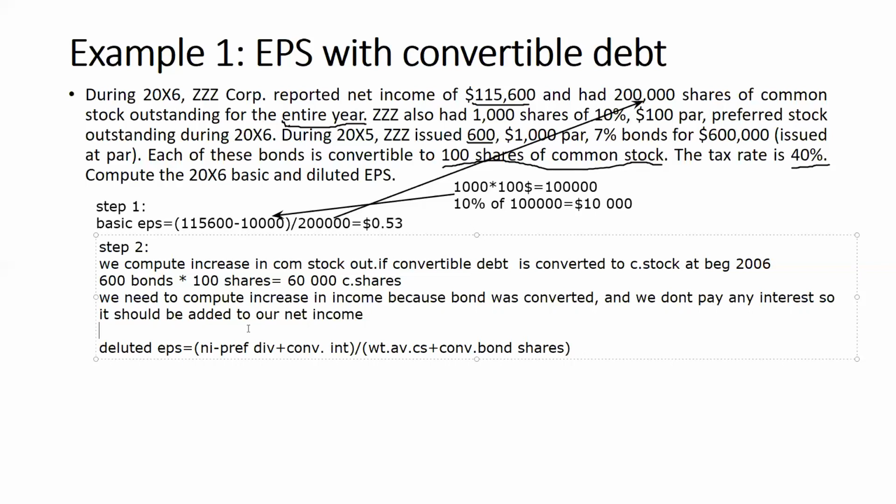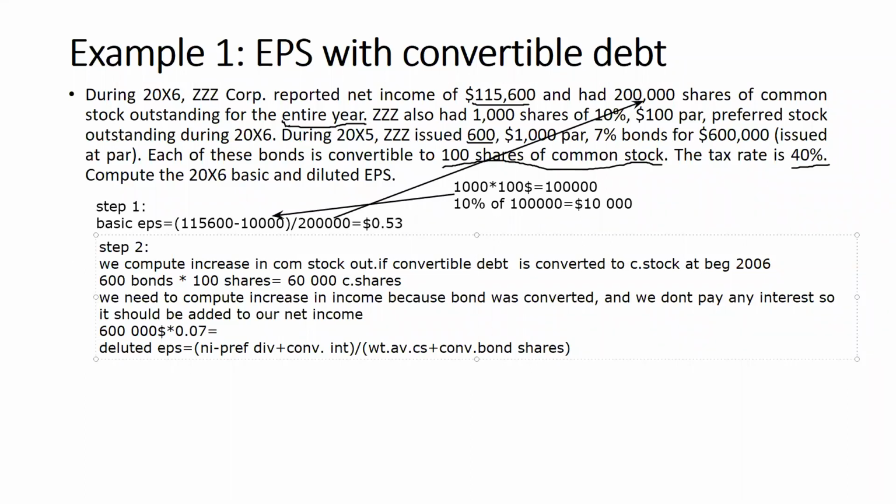However, let us calculate. We know the converted bond shares, we know the weighted average common shares, we know the net income, we know the preferred dividends, and we don't know the converted interest. How can we calculate it? It is just the coupon rate times the bond value. The bond value is given, $600,000, times 7%.